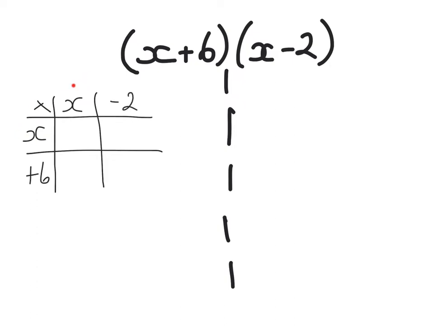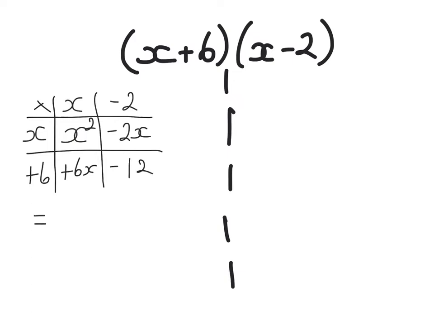So x times x would be the result in this square here to give me x squared. And then I do x times negative 2 to give me negative 2x. 6 times x to give me positive 6x. And then positive 6 times negative 2, the result's going to go in that space there, and that is negative 12.